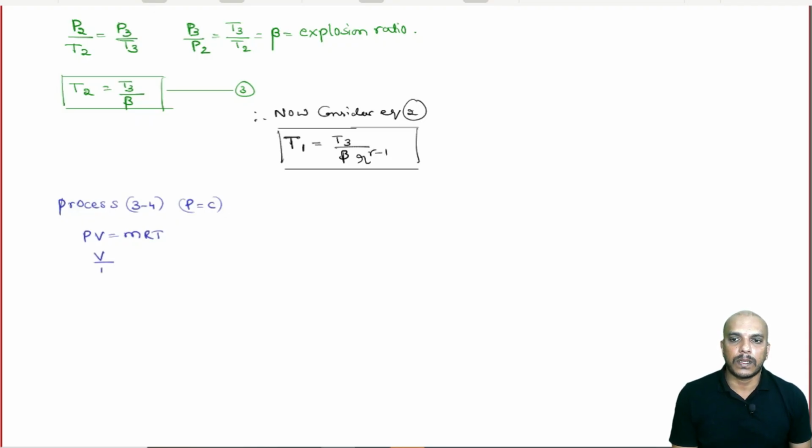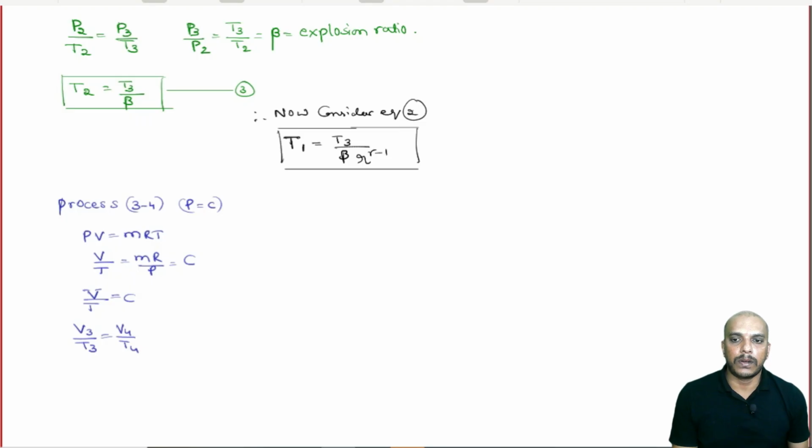I will send the constant to the right side, so I will take this temperature to the left side. I will have V by T equal to MR by P. Therefore, M is constant for a closed system, R is constant, and we are talking about a process where pressure is constant. So, the whole right side is constant. So, V by T is equal to constant for a constant pressure process. Therefore, V3 by T3 is equal to V4 by T4.